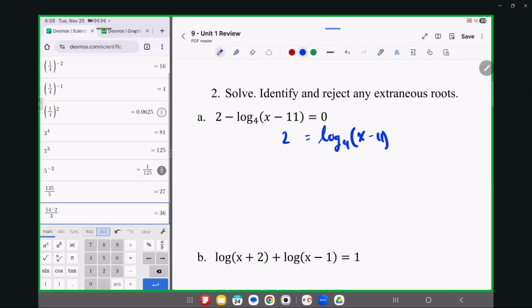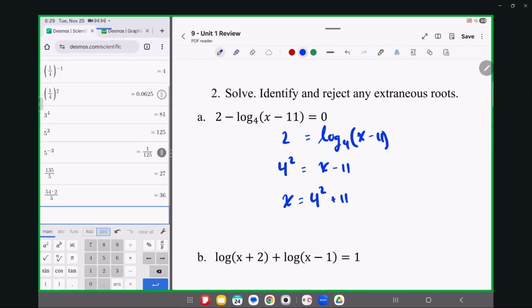Next thing we do is convert this to its exponential equivalent. So this becomes 4 to the power of 2 is equal to x minus 11. And so x will be equal to 4 to the power of 2 plus 11. So on your calculator here, if you take 4 to the power of 2 plus 11, you can see x is equal to 27.